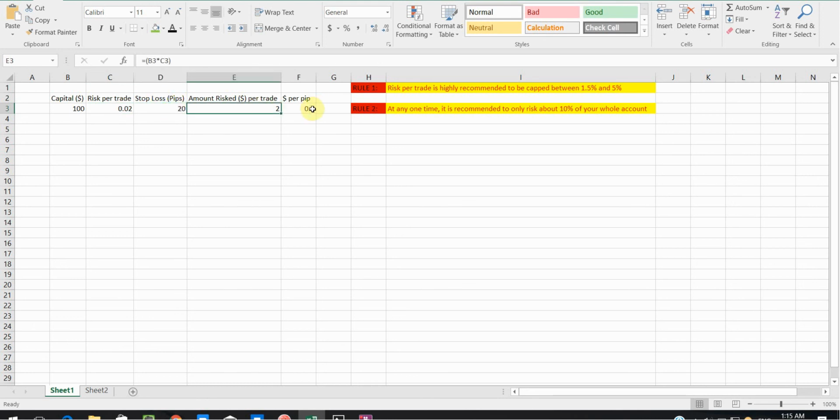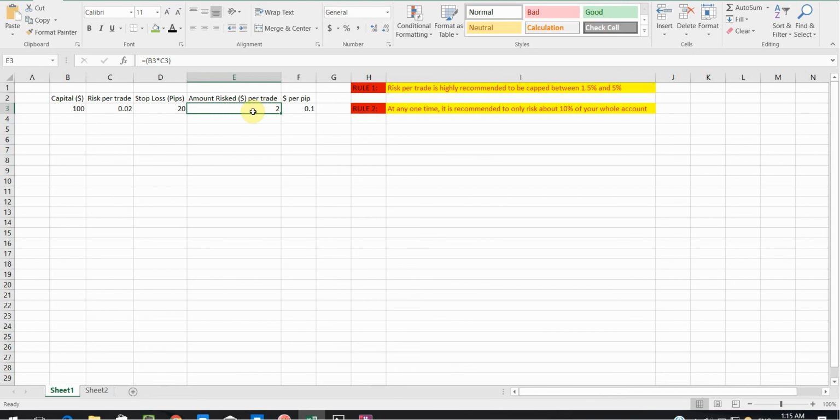And for these two columns we are using a simple formula to calculate. Let me show you guys how we do it. The amount risk per trade is calculated by multiplying the capital by the risk per trade. So 100 multiplied by 0.02 gives you $2.